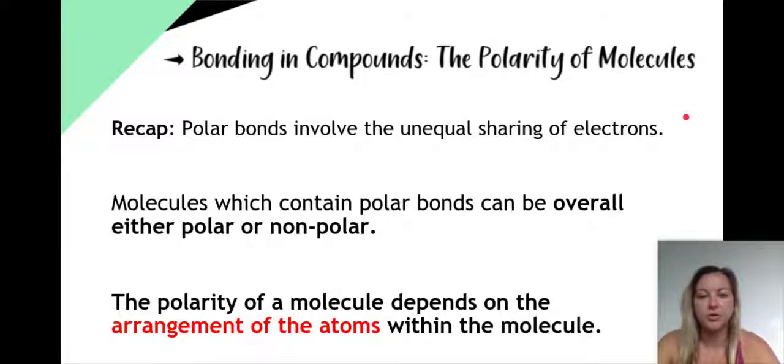But molecules which contain these polar bonds can be overall either polar or non-polar. How you figure that out is you have a look at the arrangement of the atoms within the molecule, and that can help us figure out whether the whole molecule is polar or non-polar.